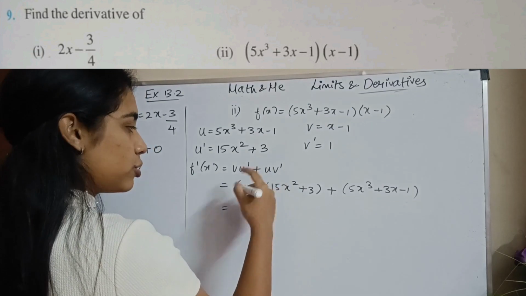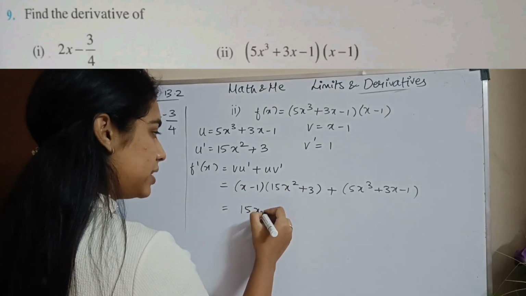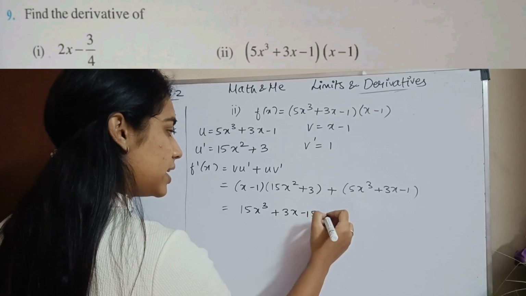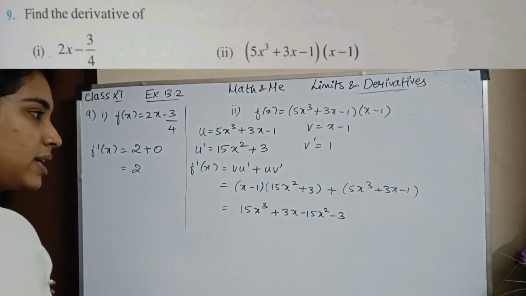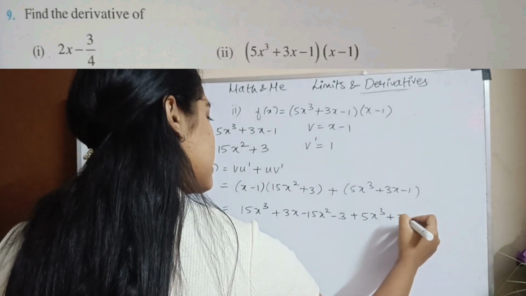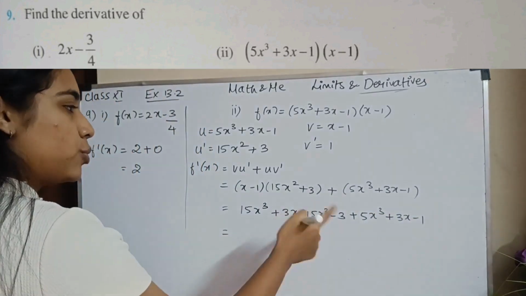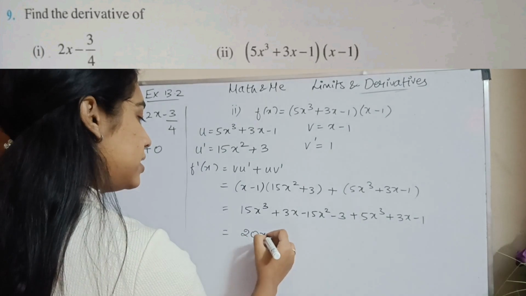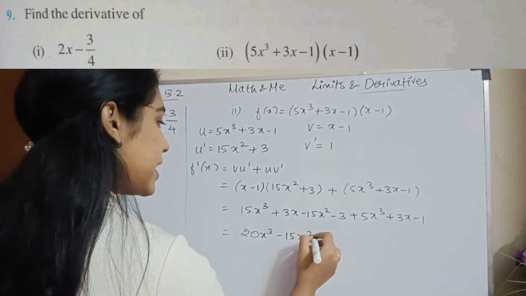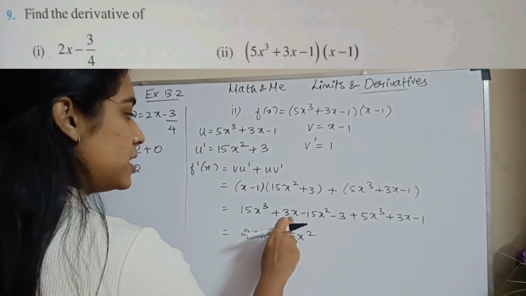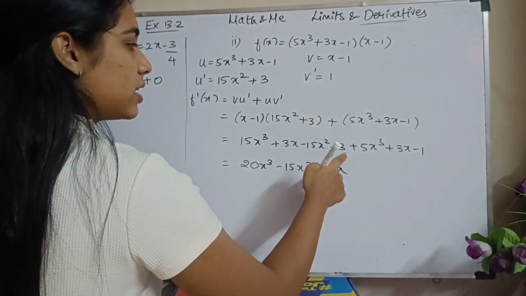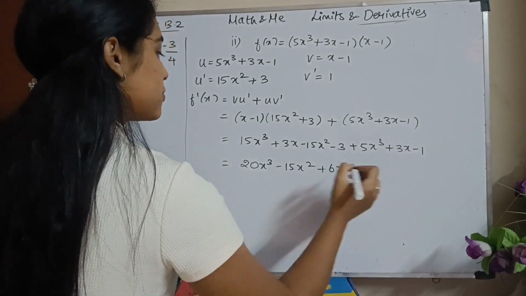So, this is equal to, multiplying the brackets, 15x cube plus 3x minus 15x square minus 3, plus 5x cube plus 3x minus 1. Clubbing the x cube terms, 20x cube. For x square I only have minus 15x square. For x terms I have 3x plus 3x, so plus 6x, then minus 3 minus 1, which is minus 4.